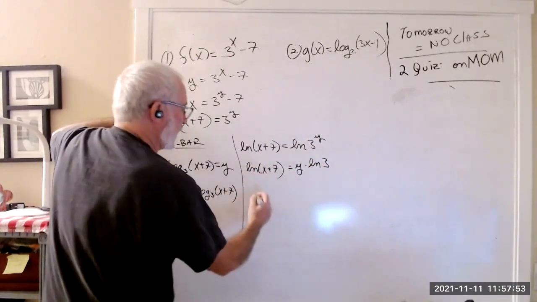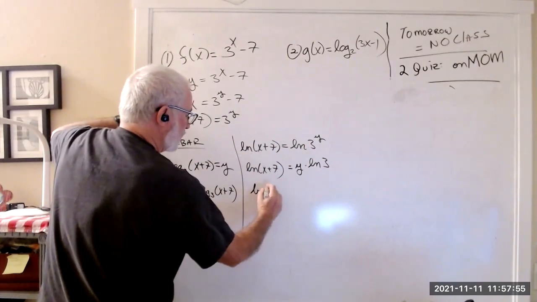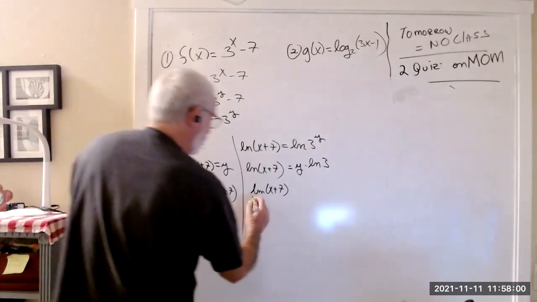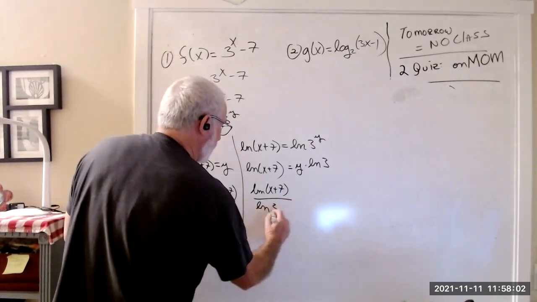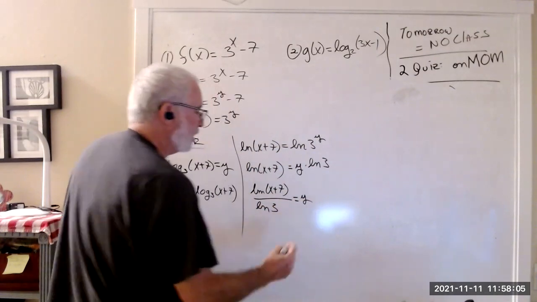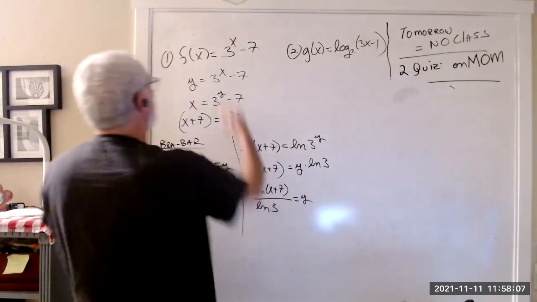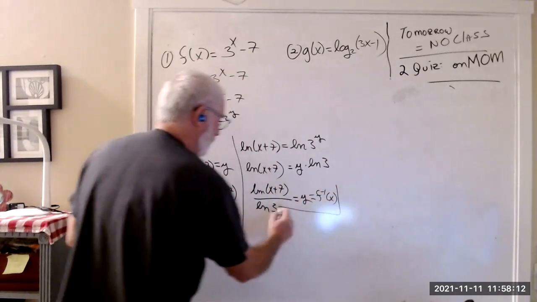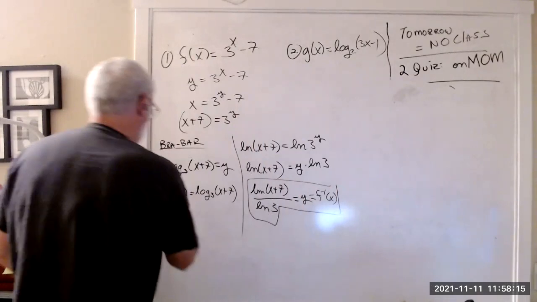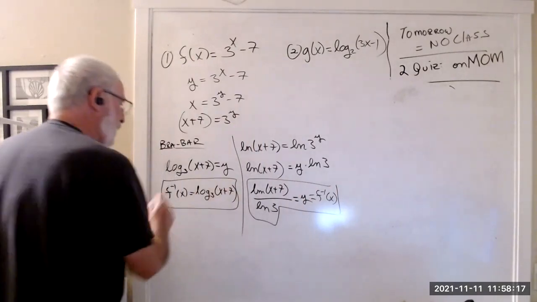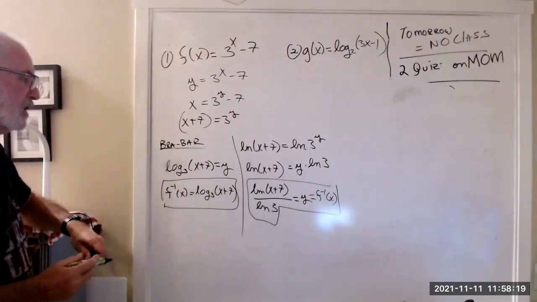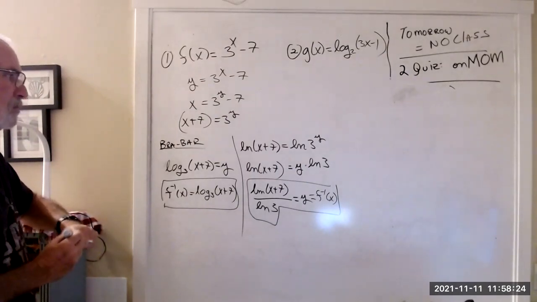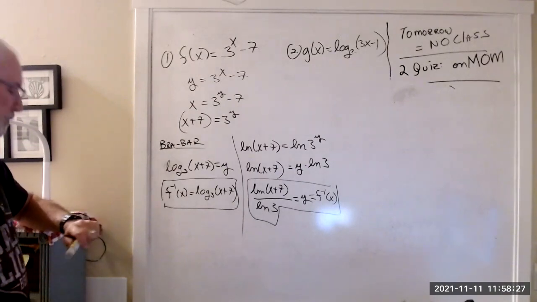Divide both sides by ln of 3, so you have the ln of x plus 7 over the ln of 3 equals y. Change the y into f inverse of x, and you're done. So even though they look really different, they're exactly the same. Questions on that one?